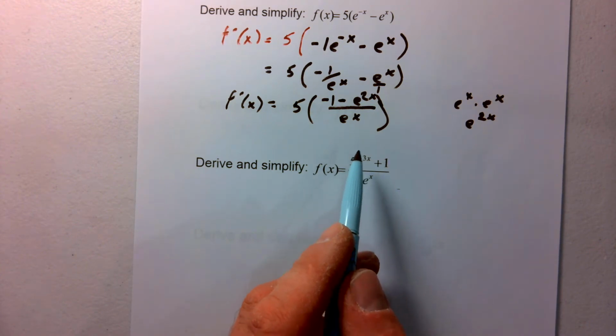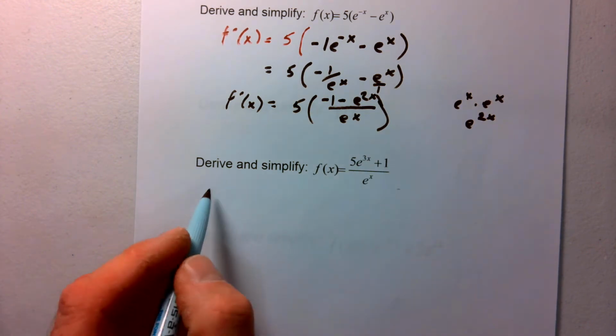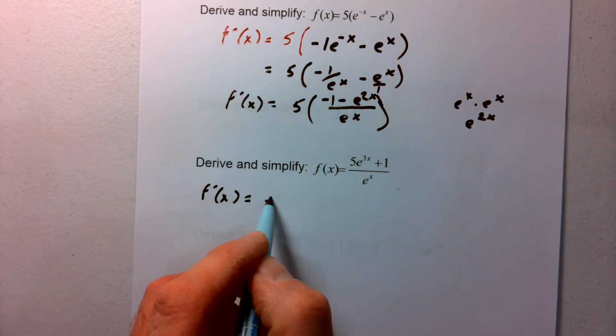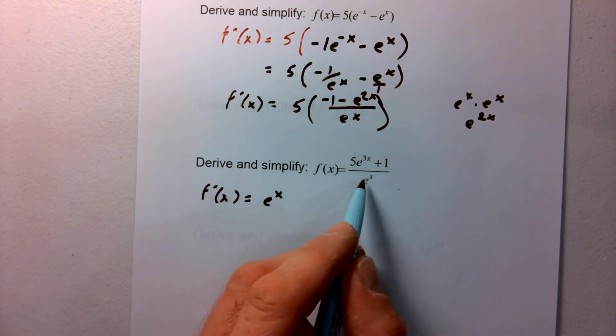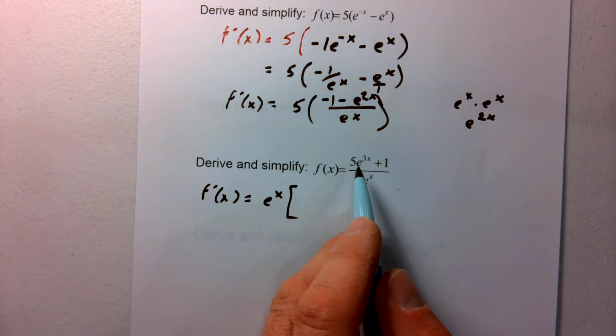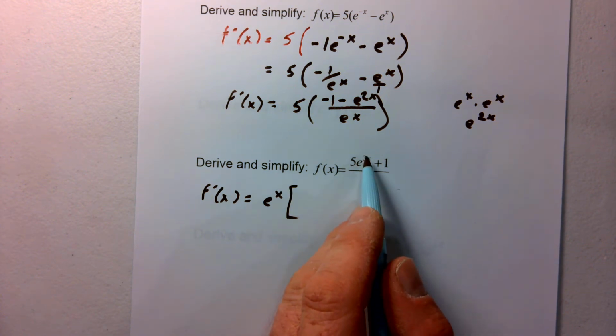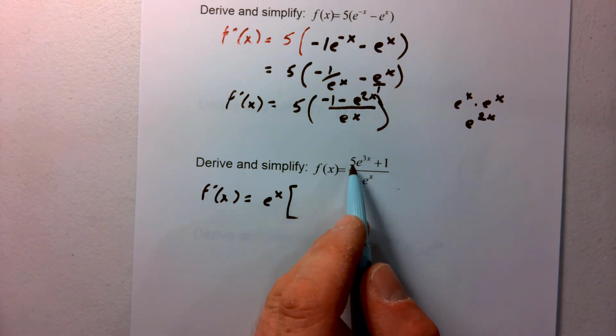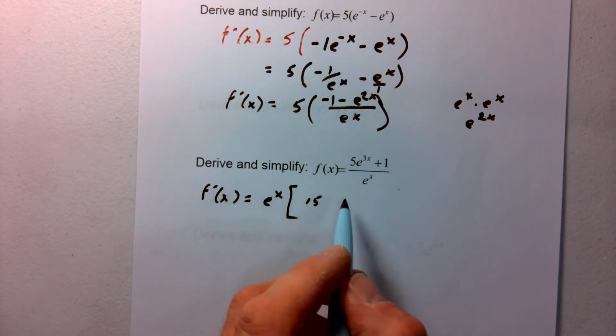Here we have a nice little quotient rule. So we're going to call our quotient rule. We're going to sing that little ditty. We have low. Our low is just e to the x. We're going to leave that the same. And then derivative of the numerator, d high. So derivative of 5e to the 3x. Again, we take the derivative of the exponent. Derivative of 3x is 3 times 5 gives us our 15.